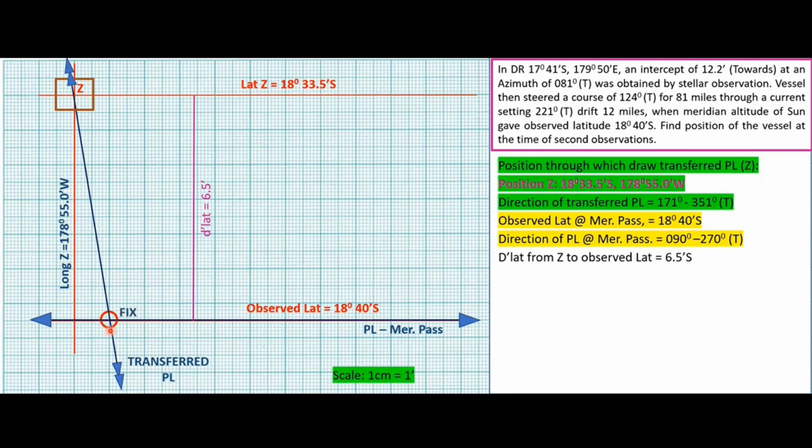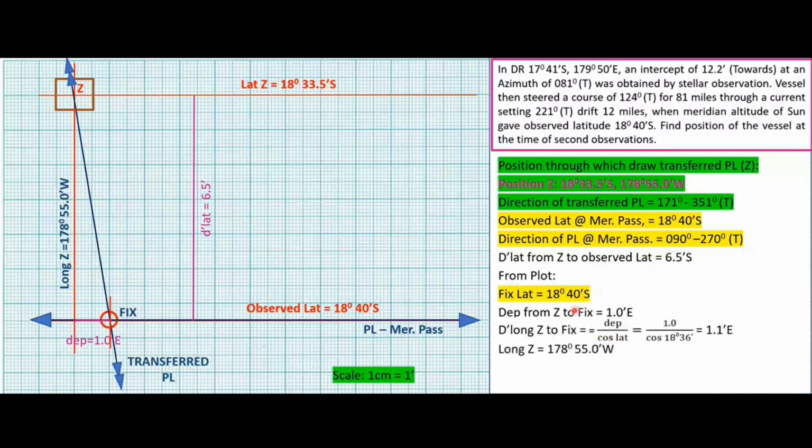And now we know that the latitude is directly visible on the screen. We can read off the departure on the screen from the graph, which is 1 minute east from longitude of Z. Departure is converted into D long. You can see all this working coming on the screen. And then that D long is applied to the longitude of Z, and that gives us the fixed long.